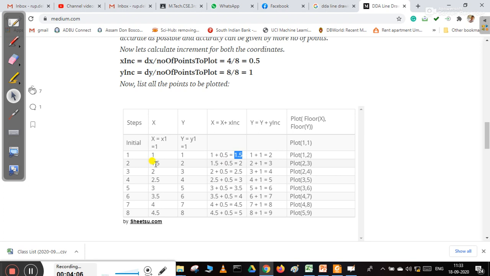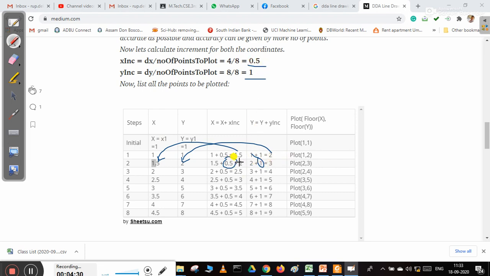So in the next stage that 1.5 will be here, and that 2 will be here. And again it will be incremented by 0.5, and again by 1, because the incrementation values of x and y are these.